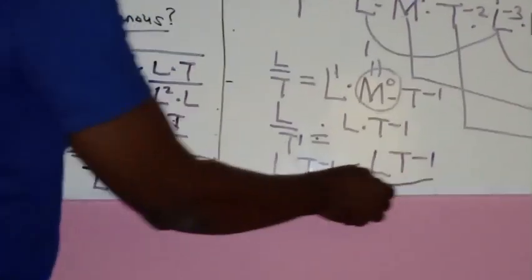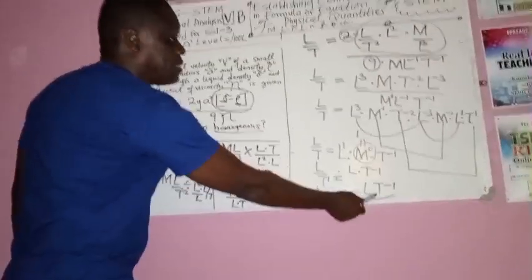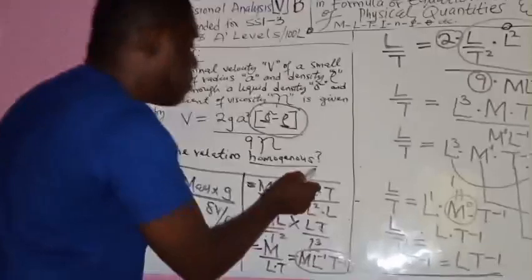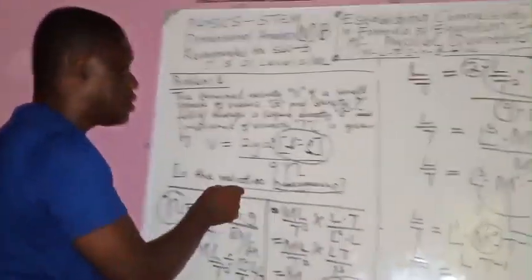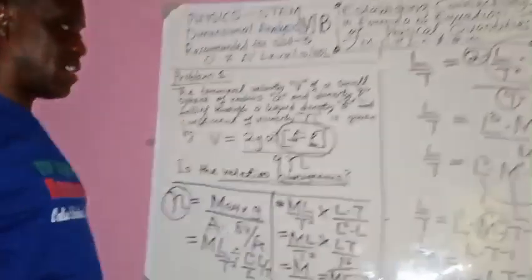Can you see that it is indeed homogeneous? The relation is homogeneous. Because what I have at the right hand side is what we end up having at the left hand side. Both the left and the right are balanced dimensionally. That's what we mean by homogeneous. The relation is actually homogeneous. Very interesting.